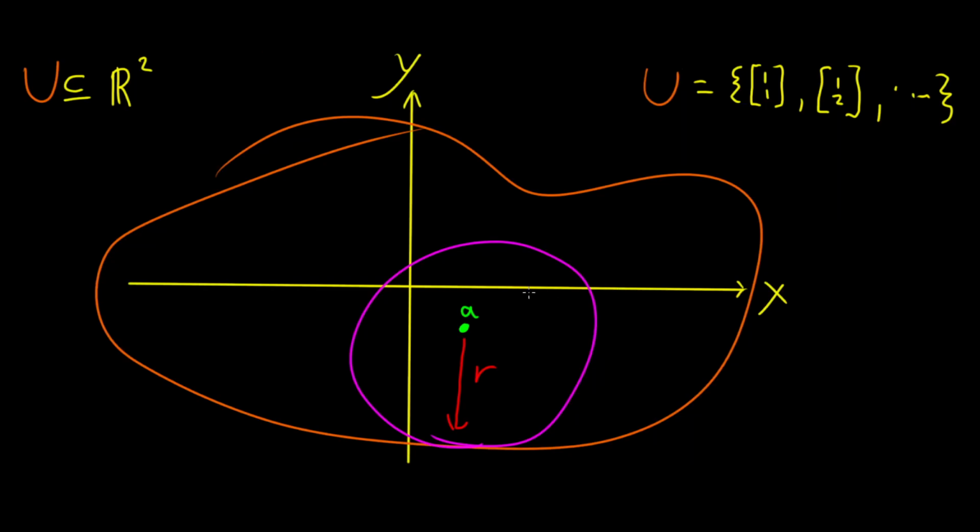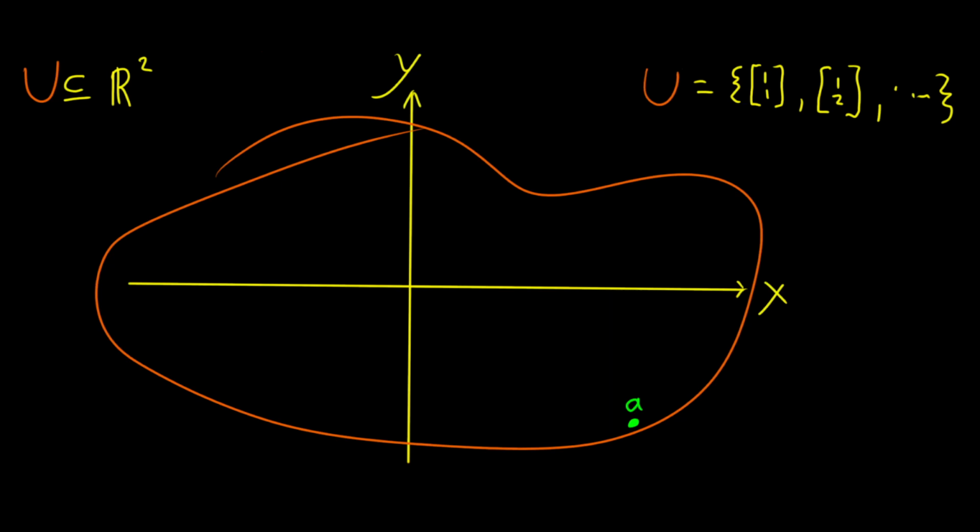But notice something interesting. We could pick an A that's even closer to the edge of the subset, and it's still inside of it.